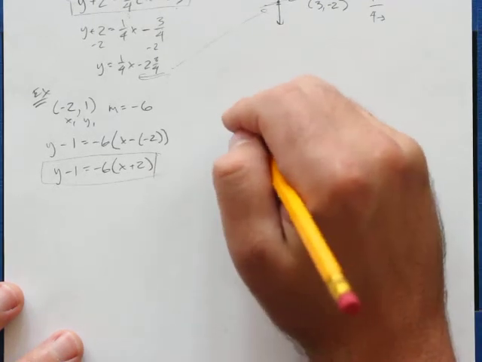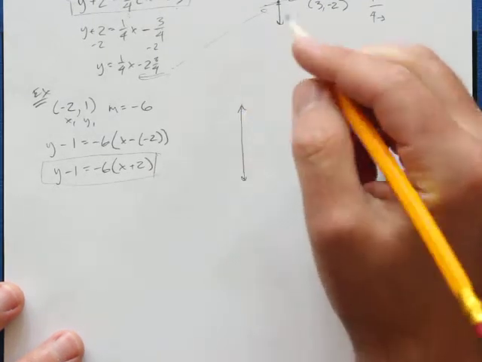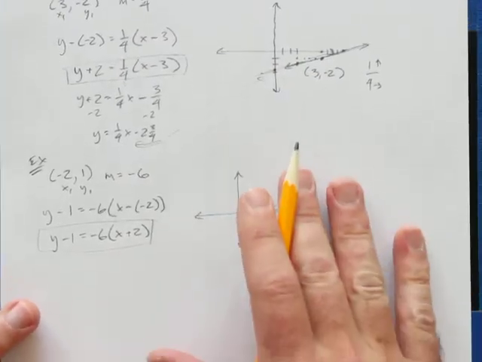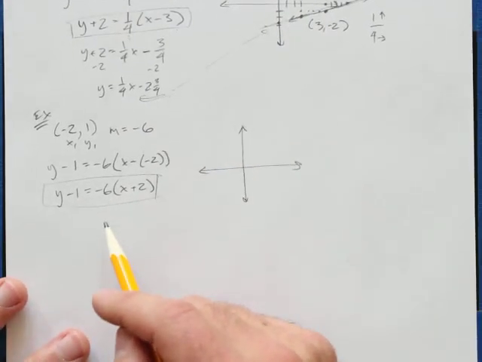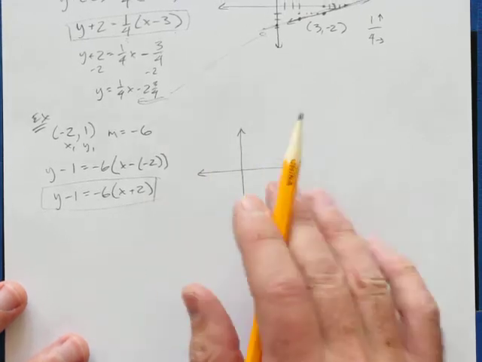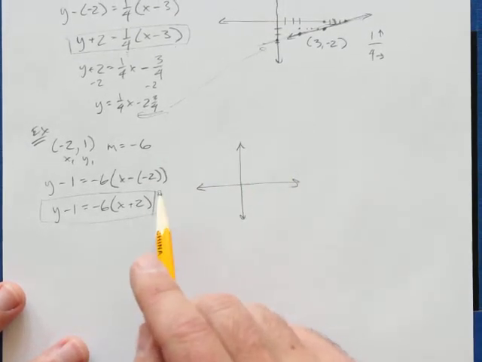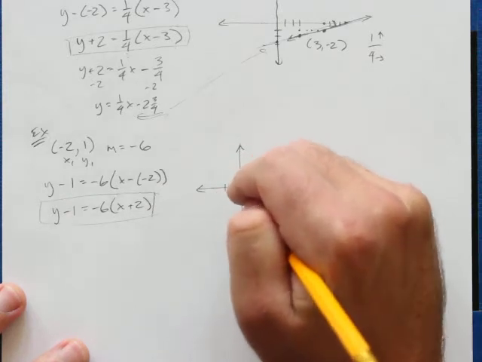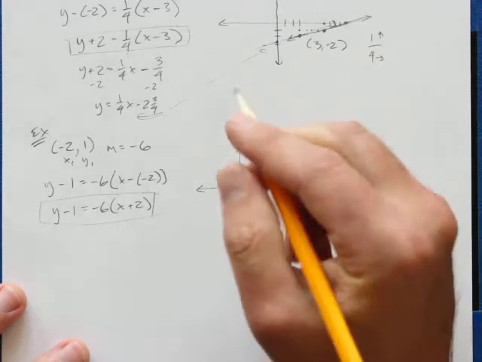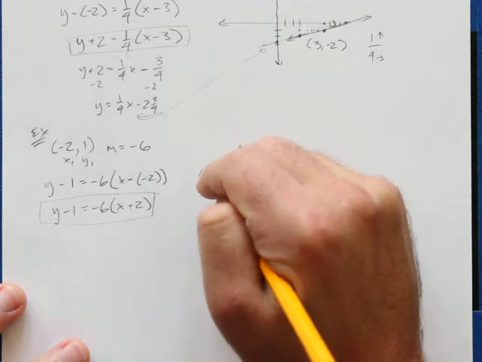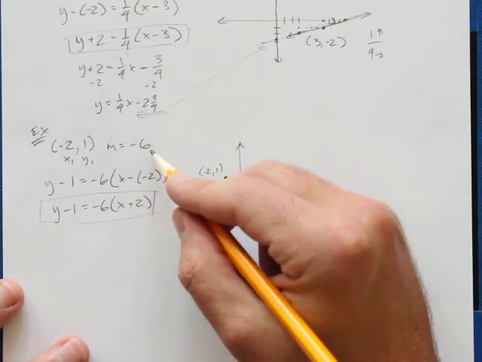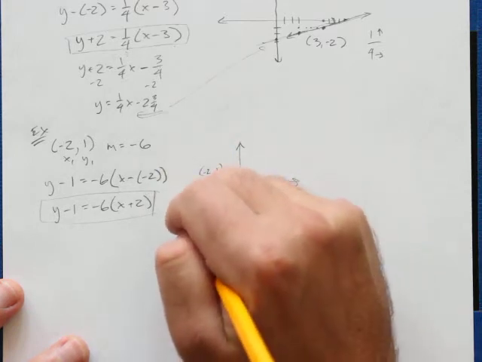Now I'm going to graph this. I'm going to graph it the first way that I graphed the other one, because that's a little bit easier than getting all the way to slope-intercept form. My point is -2, 1. There's my point. And my slope is -6, so that's -6 over 1.